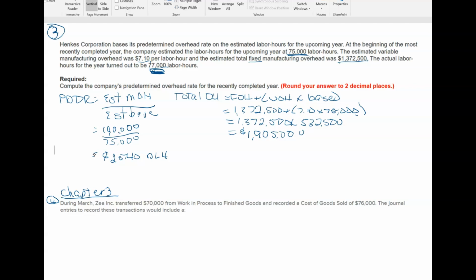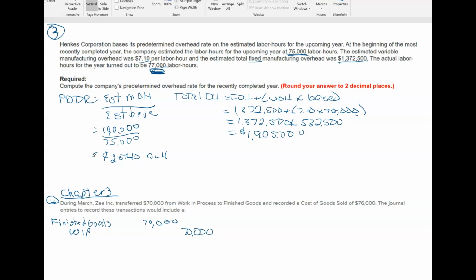First, transferring $70,000 from work in process to finished goods: we will debit finished goods $70,000 because we're transferring it to finished goods, and we will credit work in process.